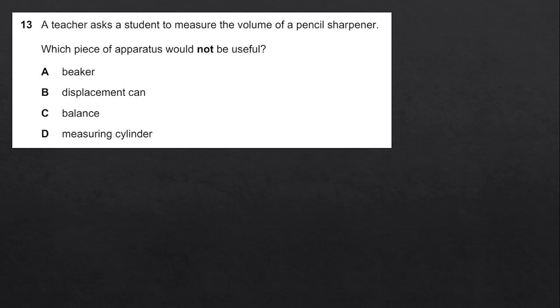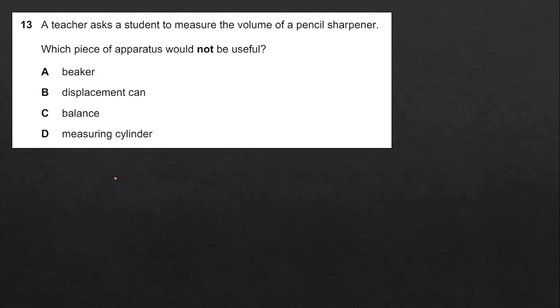Question 13. A teacher asks a student to measure the volume of a pencil sharpener. Which piece of apparatus would not be useful? So let's see which of these cannot be used to measure volume. The first option is beaker. Of course, we can measure the volume using a beaker.